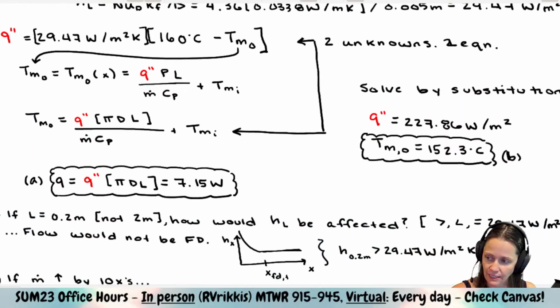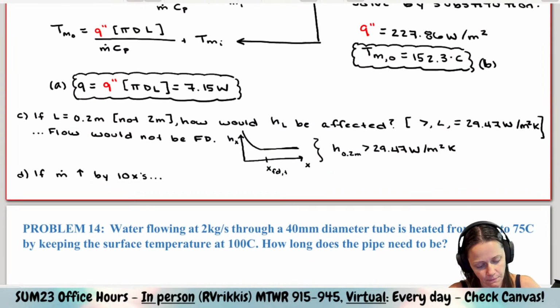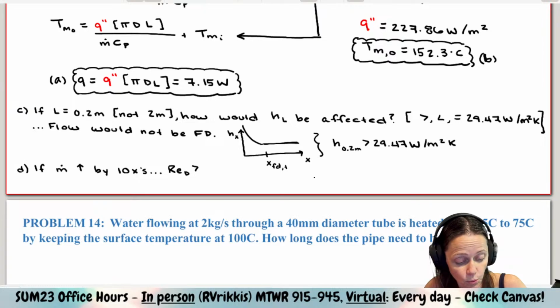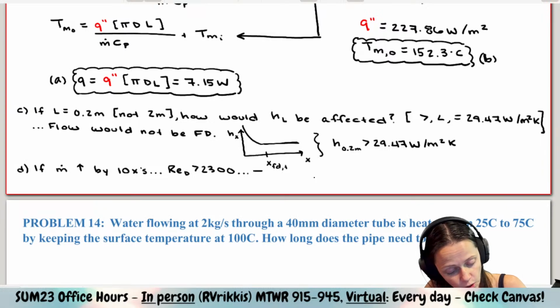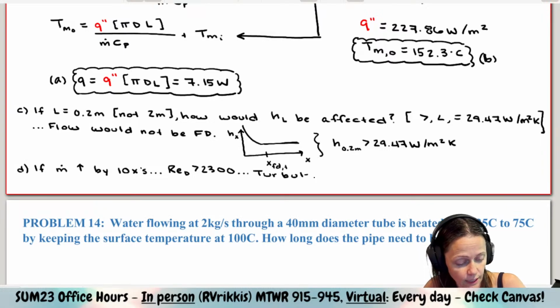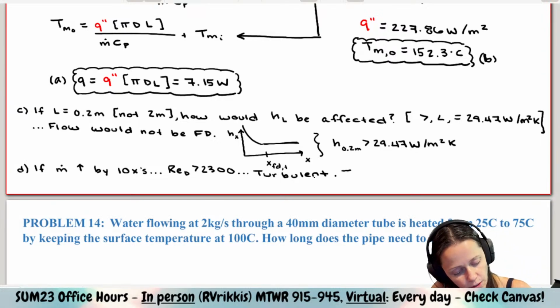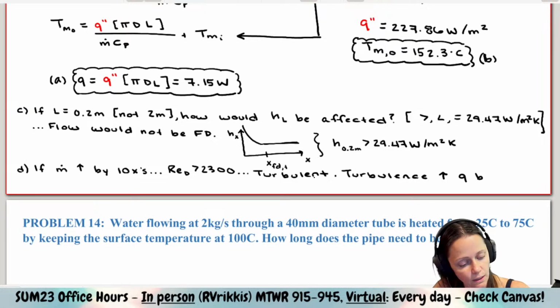So let's go back down here. I'll just say that your Reynolds number would be a good bit greater than 2300, so it would be turbulent. The effect of turbulence is to increase heat transfer, increase Q. Turbulence will increase Q by increasing that heat transfer coefficient.